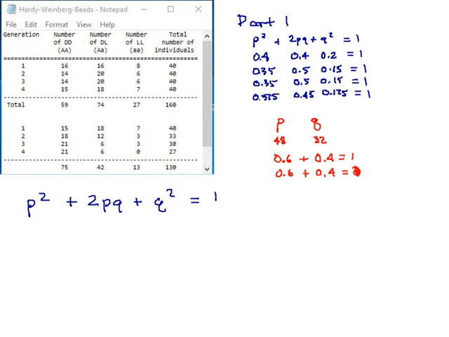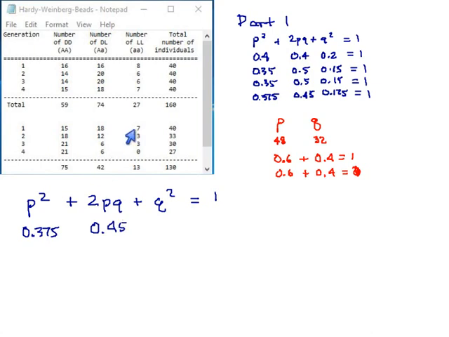So, first generation, we had 15 out of 40 individuals who were homozygous dominant. 15 divided by 40 is 0.375. Then we had our hetero group, 18 out of 40, that's 0.45.